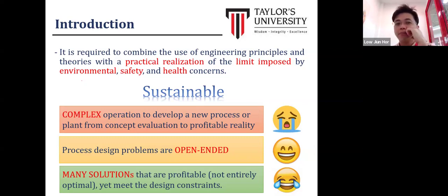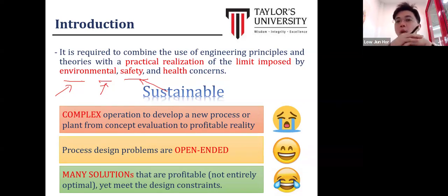For example, environment, safety, health concerns. These are some of the factors that normally we will also include in our consideration before we finalize our chemical plant design.